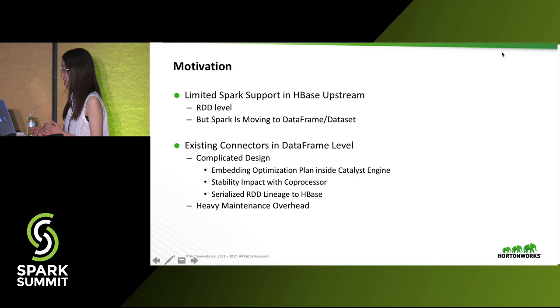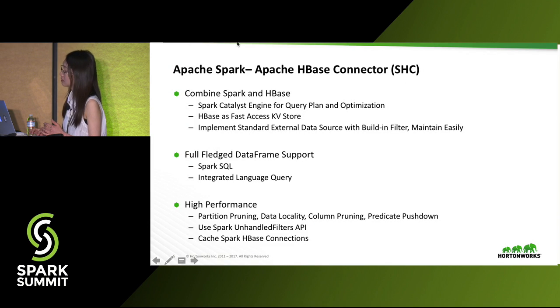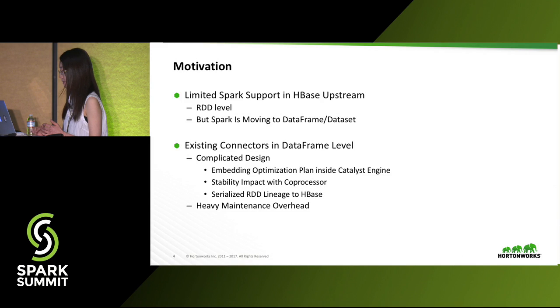There were also some other connectors at data frame level, but their designs are very complicated. For example, they apply very advanced customized optimization by embedding their own query optimization plan inside the standard Spark Catalyst engine, shipping the RDD to HBase, and performing the complicated task inside the HBase coprocessor.